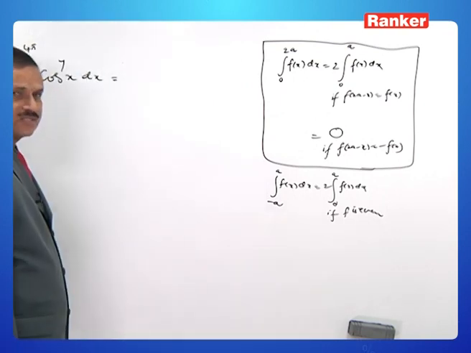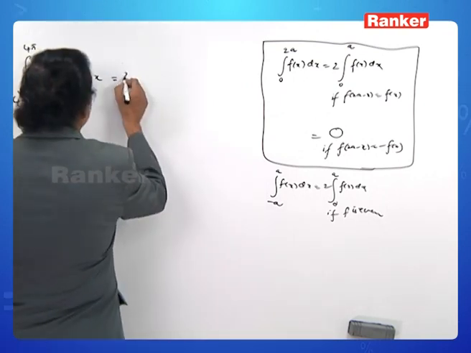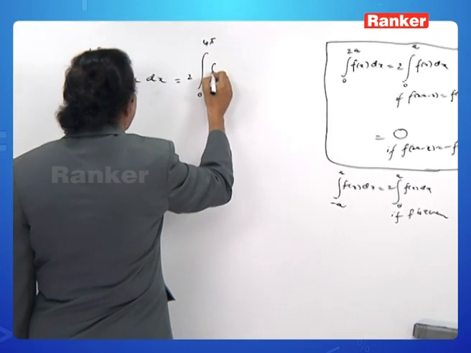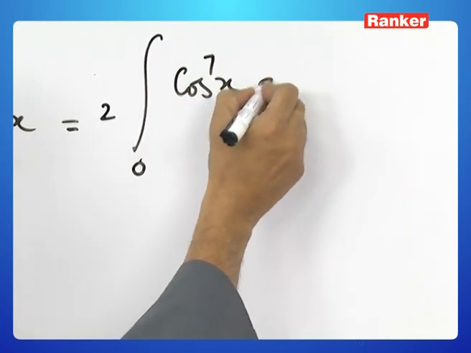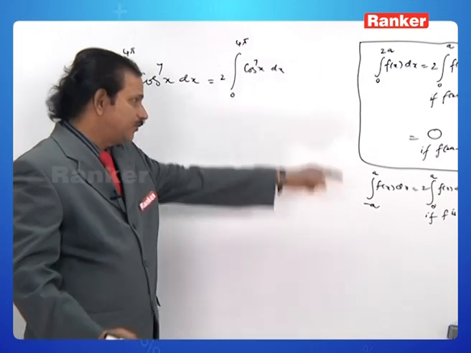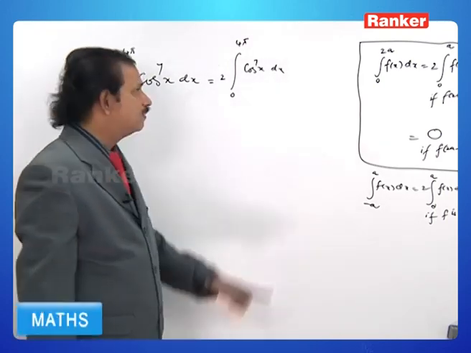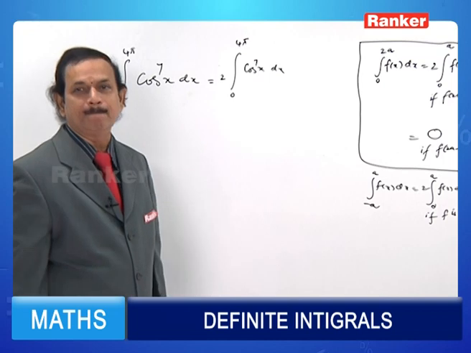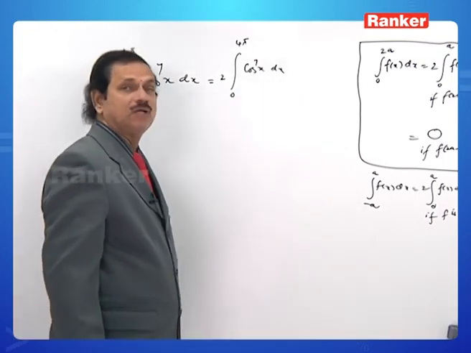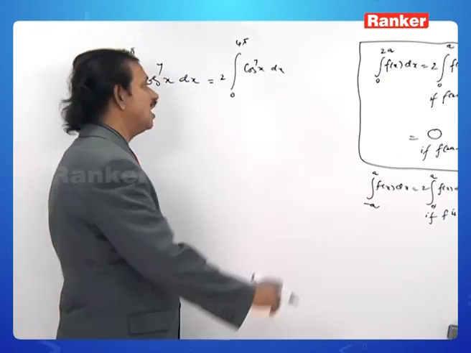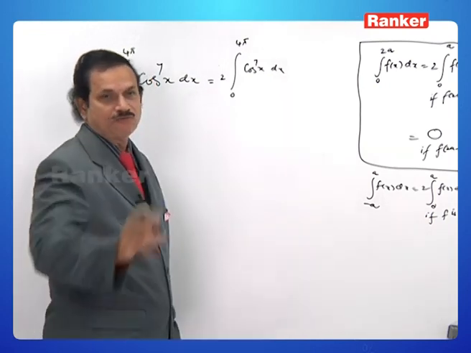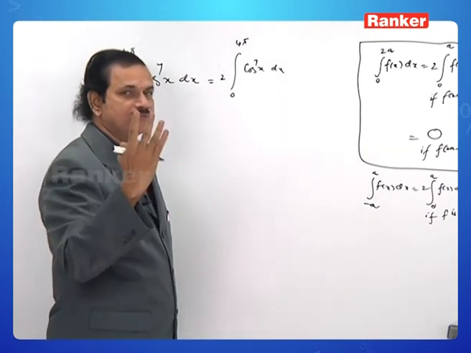Okay, cos power 7x is an even function, hence we can write this as 2 into integral 0 to 4 pi cos power 7x dx. Now, this is the time for us to use that formula. In the place of 2a, we have 4 pi. Come on, consider f of x is cos power 7x. What is f of 2a minus x? Cos of 4 pi minus x whole power 7. 4 pi minus x means fourth quadrant.